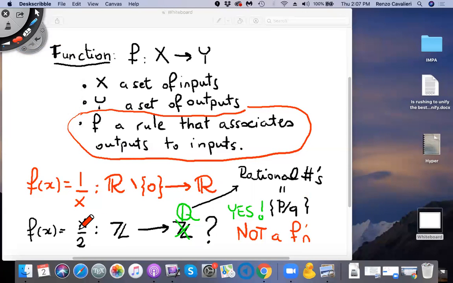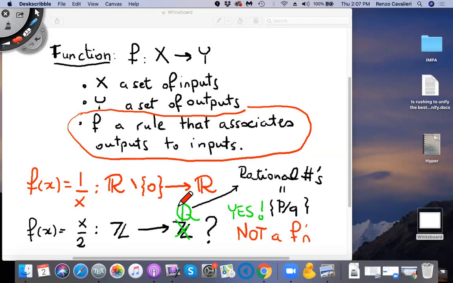So the function f of x equals x over 2: if you want the output set to be Q, that is a function, that is good. But if you insist that the output set has to be Z, then that is not a function, because the input value x equals 1 wants to have as an output 1/2, but 1/2 is not a whole number.